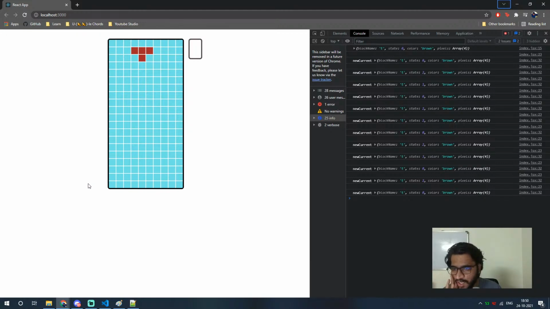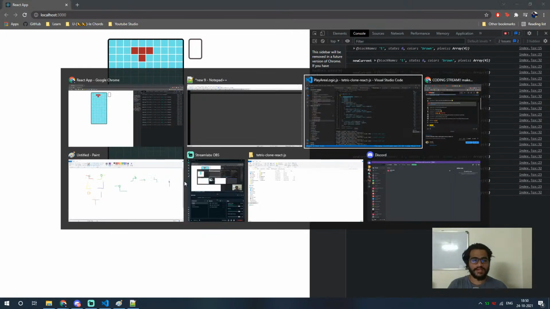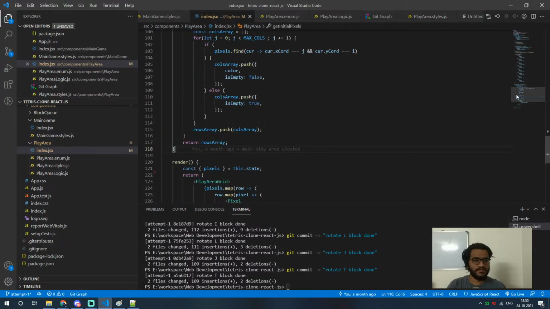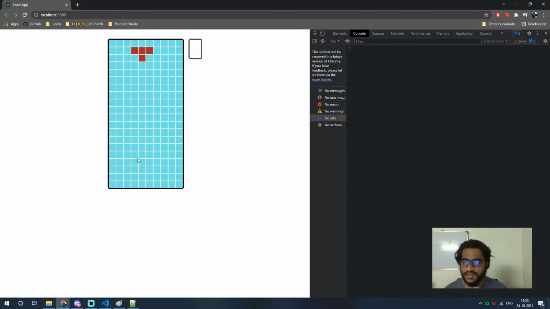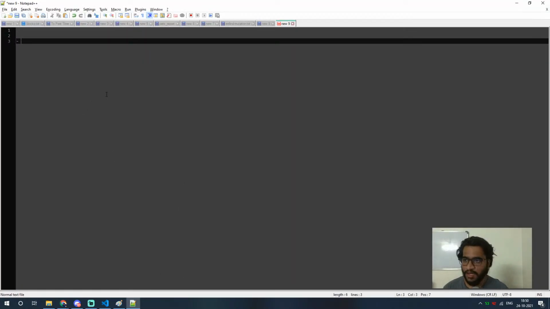Then I think on each render we should check whether any line is fully filled, and if yes, let's think about it again. First of all, we need to figure out how the bottom blocks will look like. We know how they will look like, we don't know how we are going to manage them.